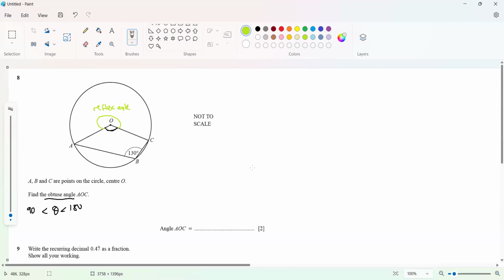However, this is the angle at the circumference and this is the angle at the center. One of our circle concepts is that the angle at the center is 2 times the angle at the circumference.